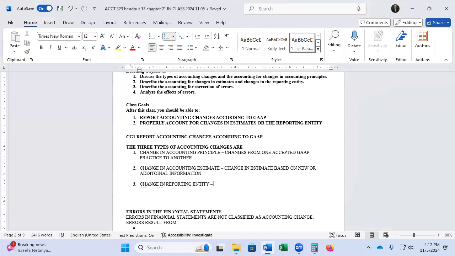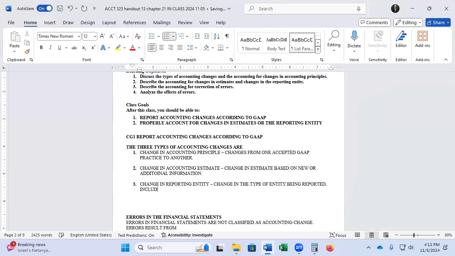And then the last one we talked about, the change in reporting entity. And so this would be just a change in the type of entity being reported, including changes due to restructuring. And that restructuring is usually when they're downsizing or getting rid of a business.